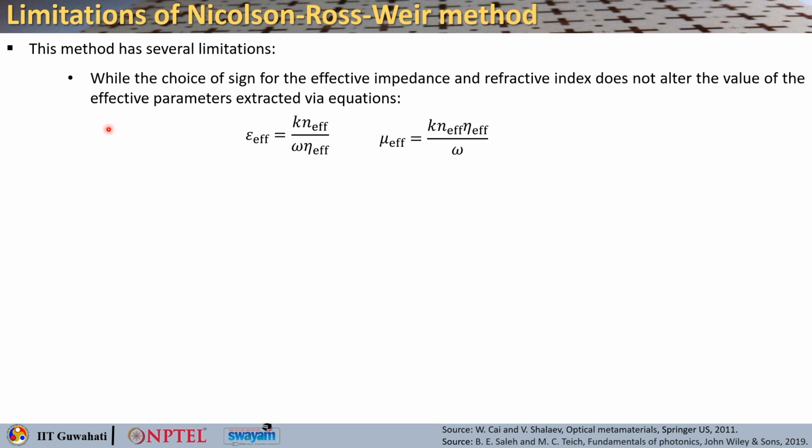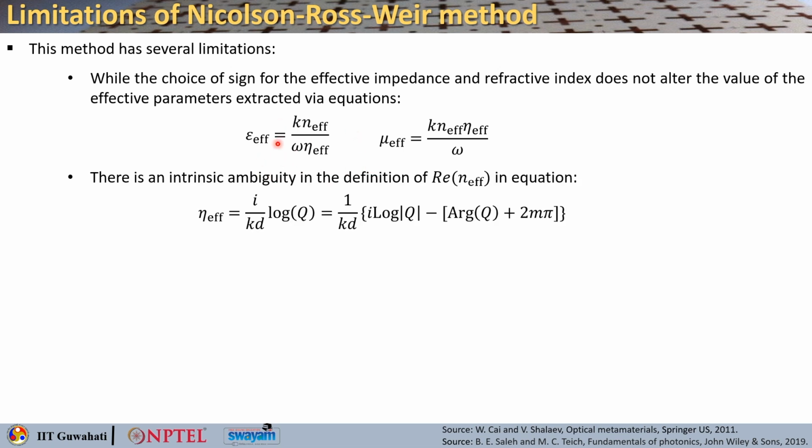So, you will see that the choice of sign for the effective impedance and the refractive index does not alter the value of the effective parameters which are extracted via these equations. Okay. So, there is an intrinsic ambiguity in the definition of the real part of n effective.